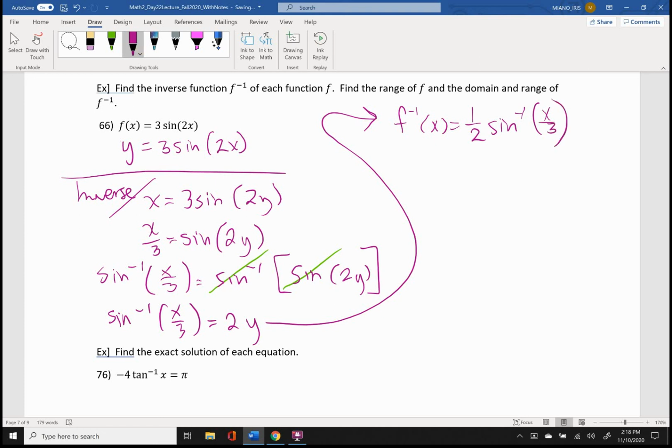Cool. So x over 3, huh? So it seems to me like we have, okay, so we were asked to find the range of f. So going back to the original function here, its range is going to be from -3 to +3, and including, right?